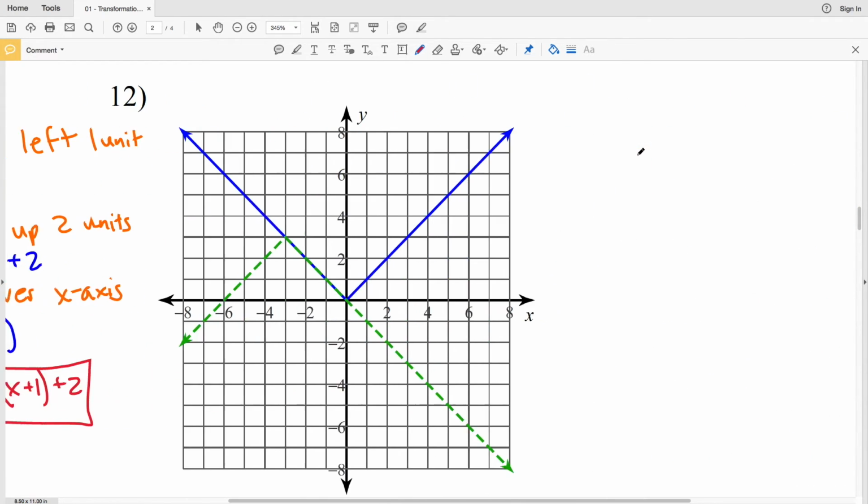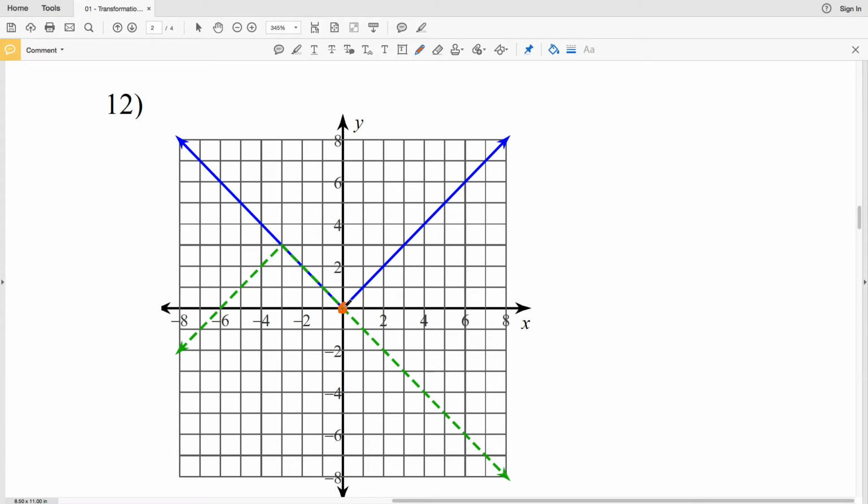Now on to number 12. In number 12, in order to go from f of x to g of x, we're moving to the left 1, 2, 3 units. So translate 3 units left. Then we're going to go up 1, 2, 3 units.